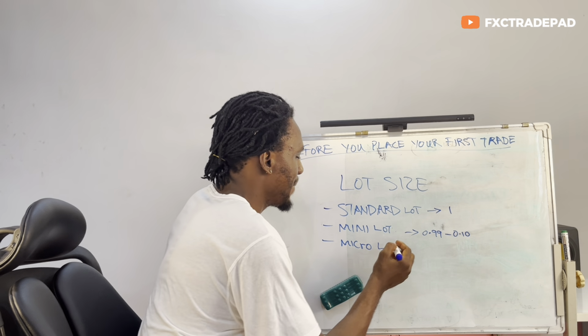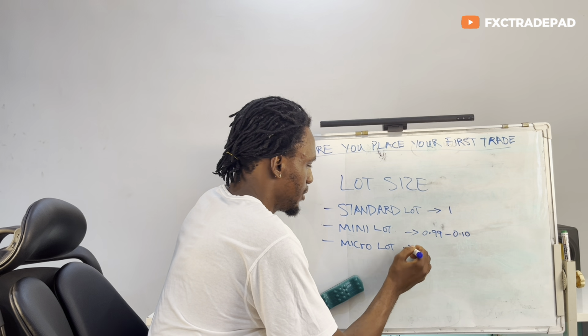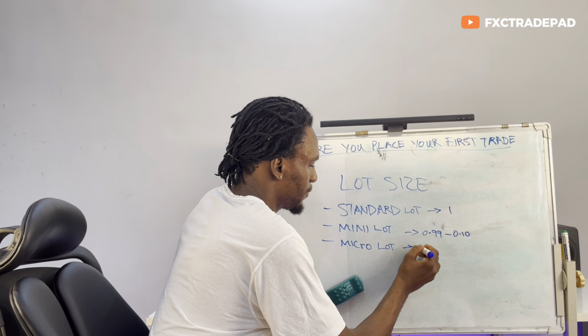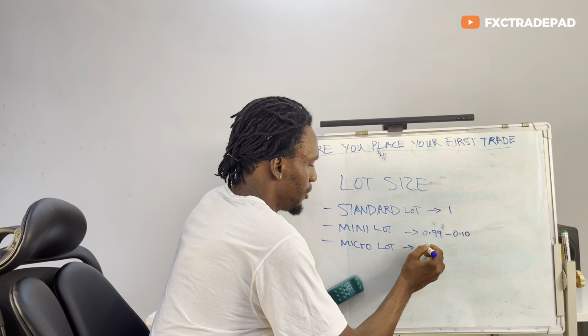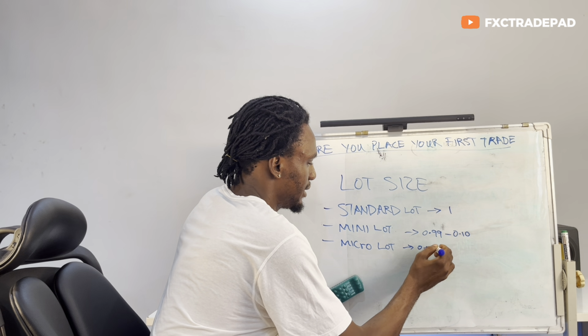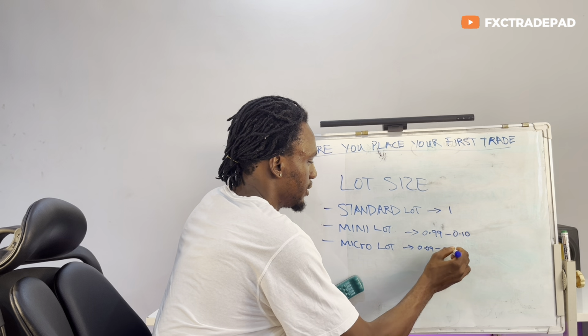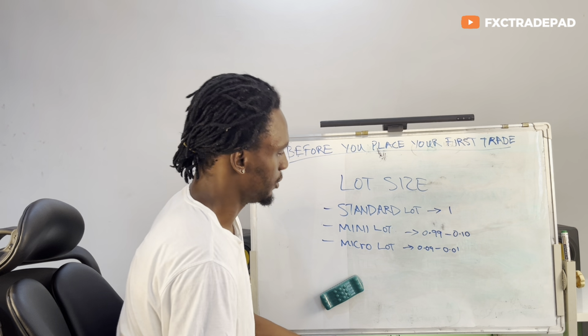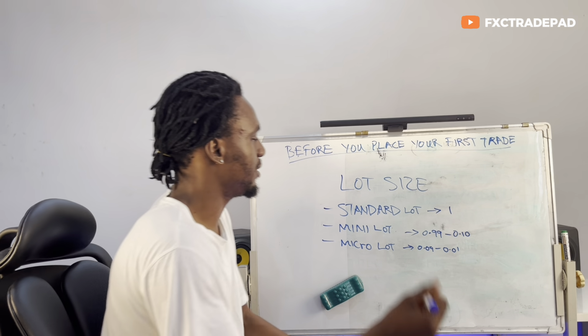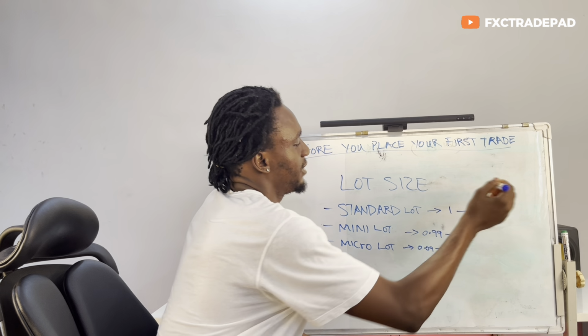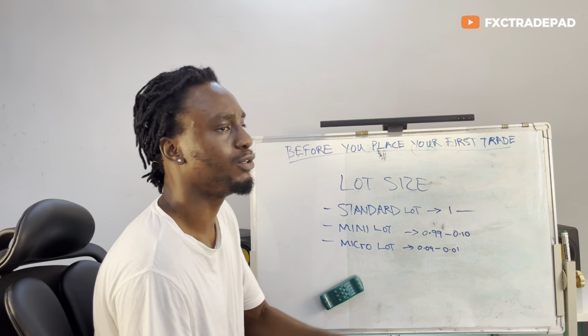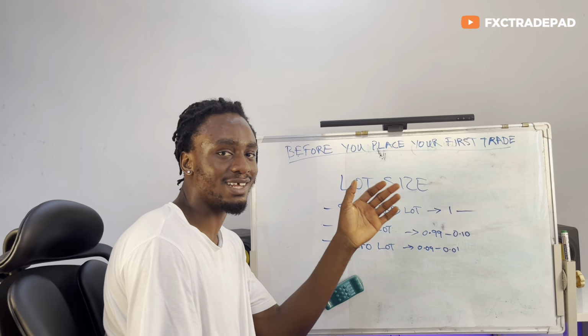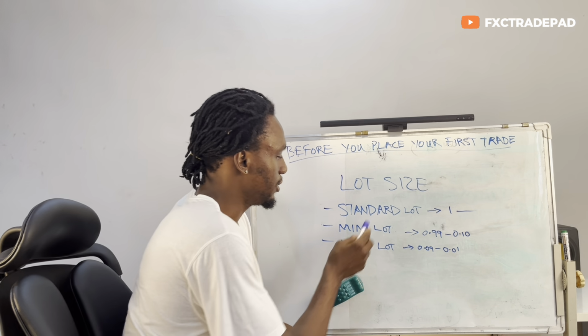And then micro runs from 0.09 down to 0.01. So these are the types of lot size. Remember, standard goes up to infinity. We can have 200 lot size, 5,000 lot size, and all those things. So these are the types.